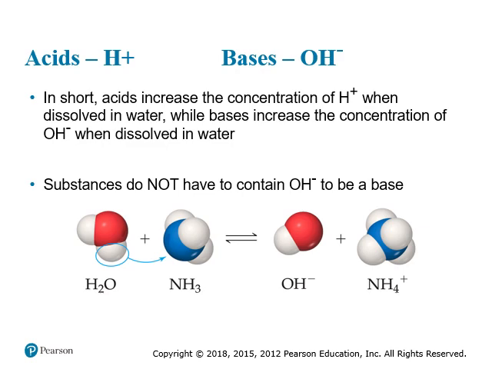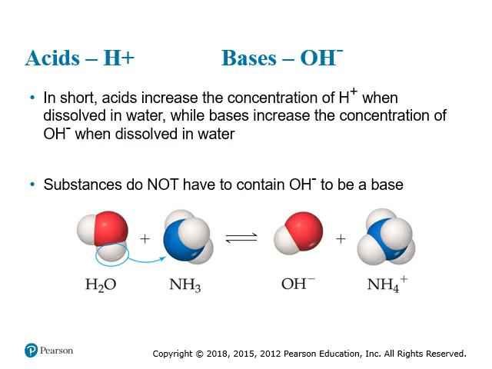If you look at the bottom of the slide, you will see the reaction of ammonia with water. Ammonia will remove one of the hydrogens in the form of H plus from water and in turn increase the amount of OH minus in solution.